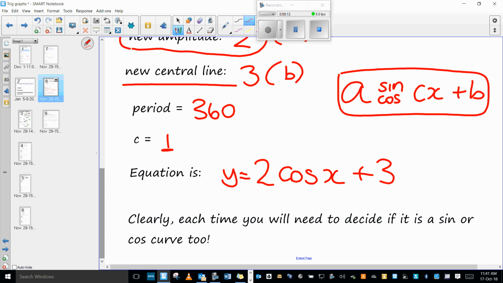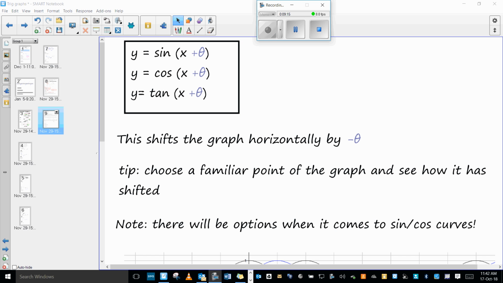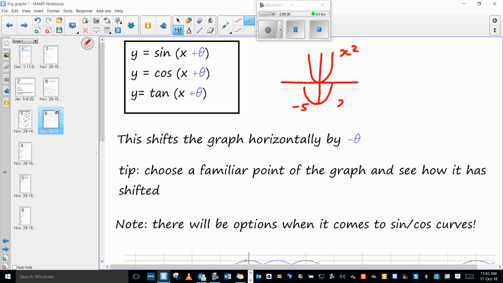Alright. So this last thing is that we've talked about our graphs going up and down, but do you recall when we had our parabolas? When we had our x squared graph, this was down here at -5, that would have been an x squared minus 5, yeah? Remember that?